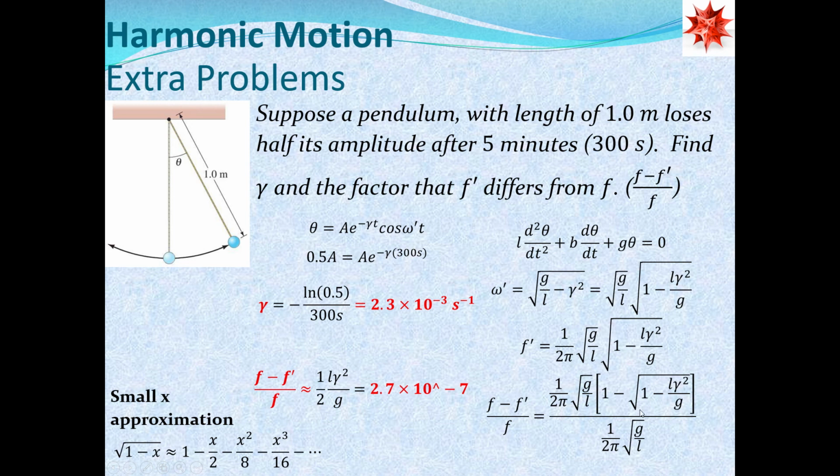So what that means is that when we have a radical function like this, and this is actually why we want to rewrite this original frequency in this weird way, even though it made it look a lot grosser, we can simplify this radical 1 minus junk term by using the small angle approximation, saying that if this number is really small, which it is, 2 times 10 to the negative 3 squared divided by 10, what we can say is that it's related to 1 minus x over 2.